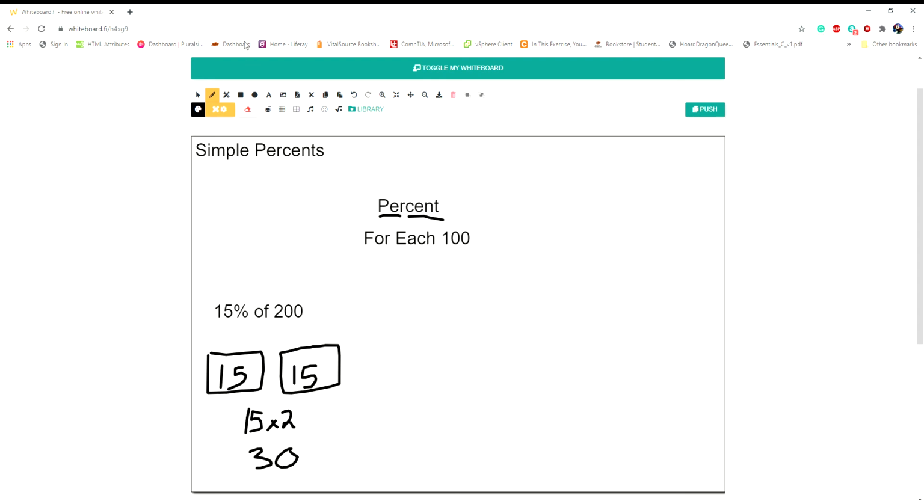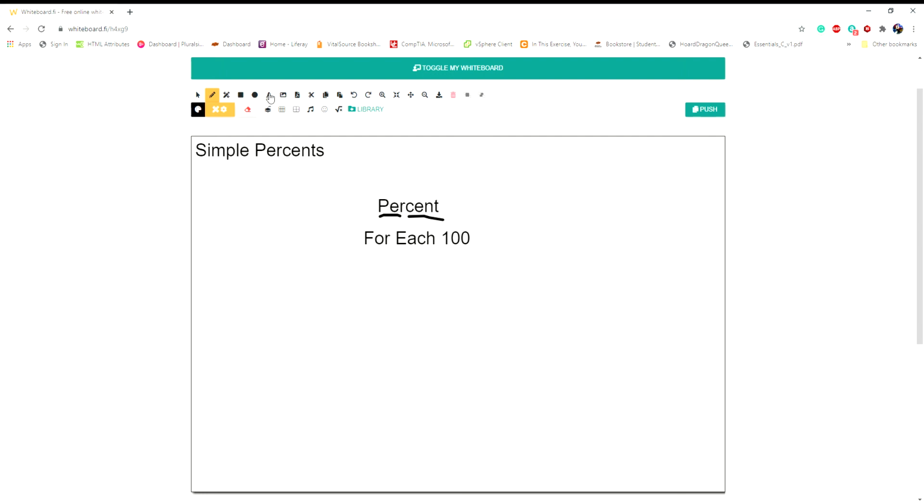So let's go to a different type of problem real fast. What if instead of having nice, beautiful 100s, let's say I have 4% of 50. Well, we're going to draw a box to represent 100 real fast, because we know percent means for each 100.